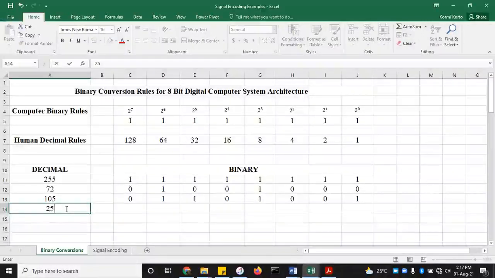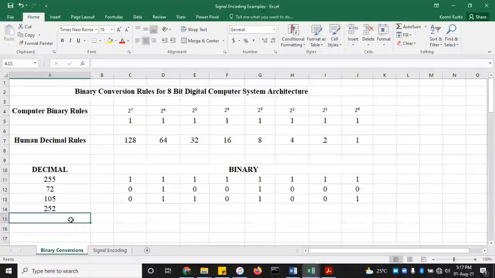What about 252? Now, when it comes to big numbers like that, there's an easy way of going about it. We can go through the process and get it, but I'm going to show you straight up so you can get it easily.